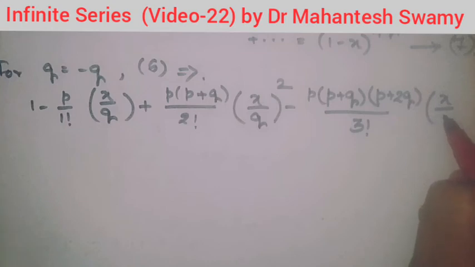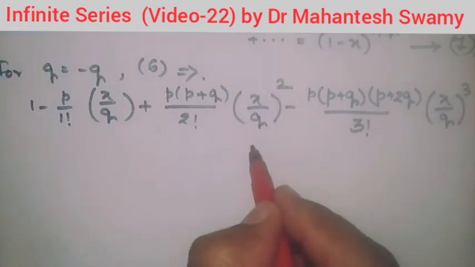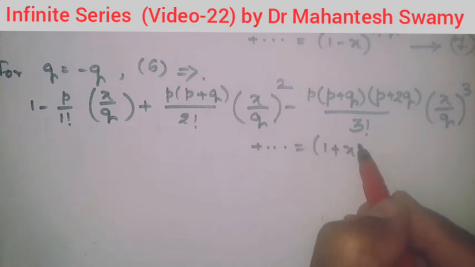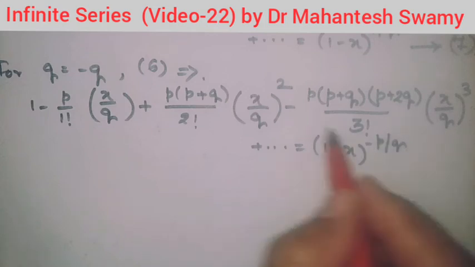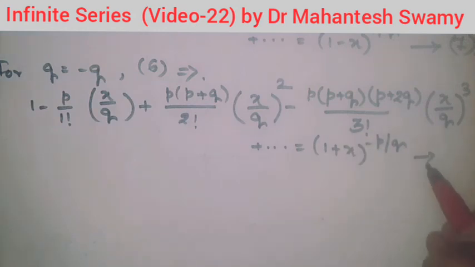Minus q whole cube becomes minus q cube. Minus sign has been taken here, q cube has been written here, plus dot dot dot, and on RHS it is 1 plus x whole to the power of p by minus q, therefore it is minus p by q. So if we have this type of expansion, we can simply write down this thing as a summation of the series, and it is series number 8.